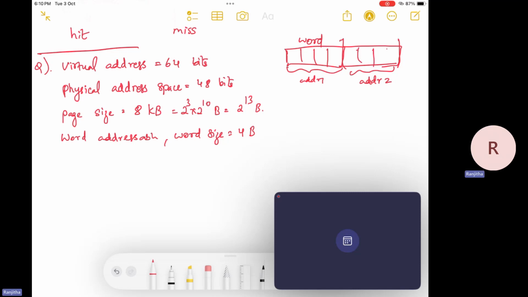That is the difference. Whereas with byte addressable, with totally 8 bytes, this will be address 1, this will be address 2, like that, and this will be address 8. So this is when it is byte addressable, and this is how it works when it is word addressable.